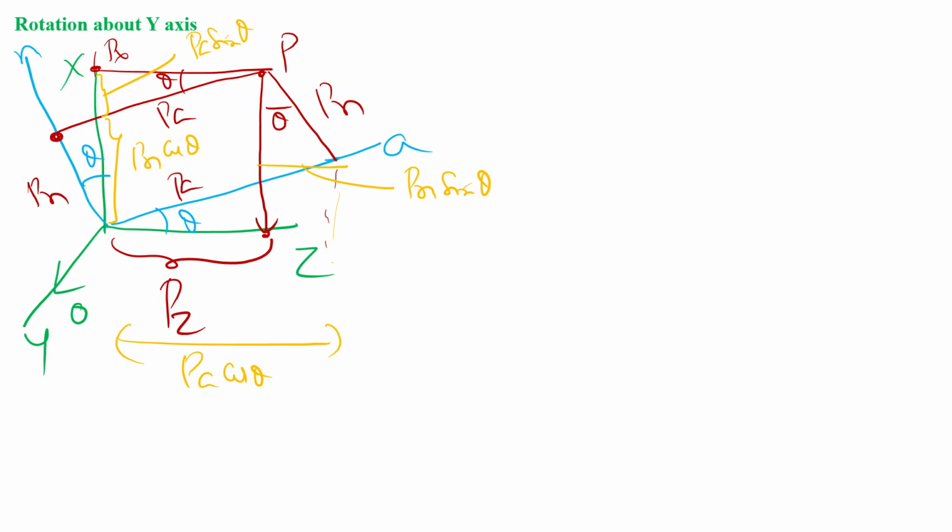Okay, so let's do that. First we'll start from PX. What is PX? We have to add this and this. What is this? Pa sin theta, and then this one is Pn cos theta.